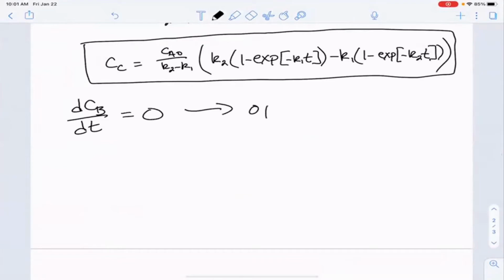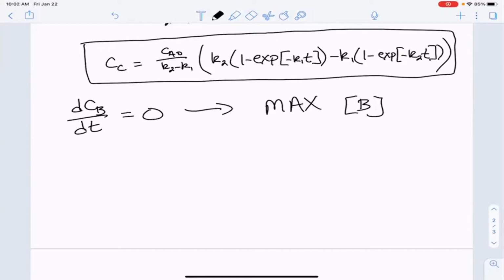This will give us the optimal concentration, or the maximum, maybe is a better way to say this. We'll get the maximum concentration of B. And if B is our desired product, often that is our design point. Let's make as much B as we possibly can.